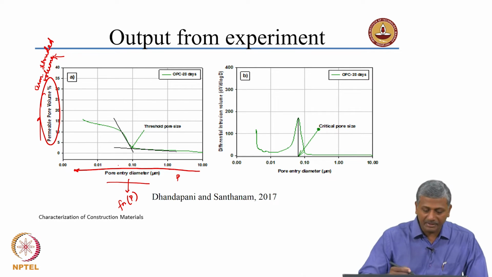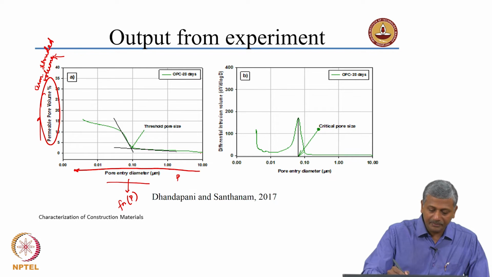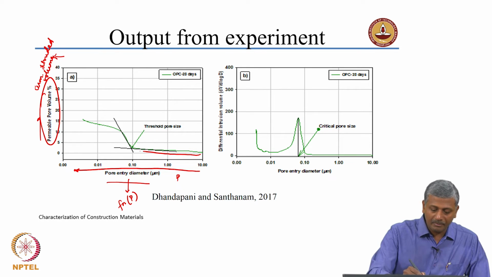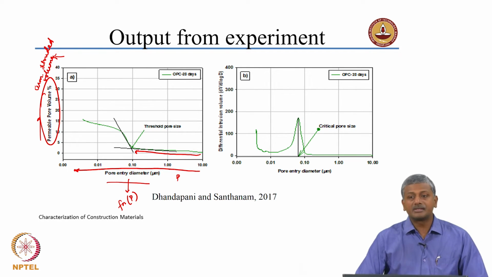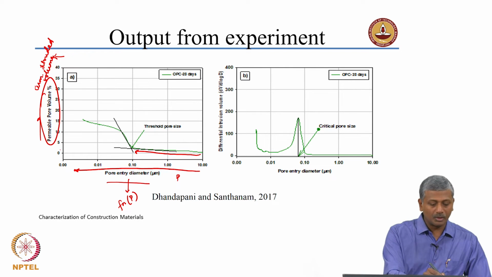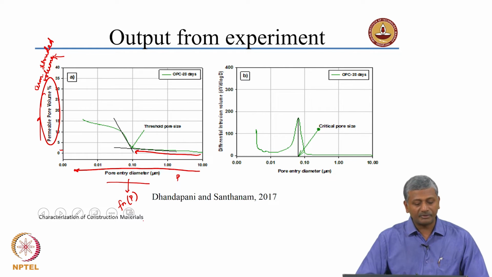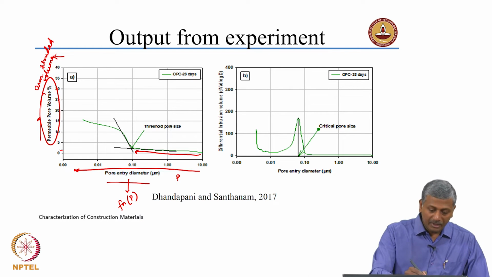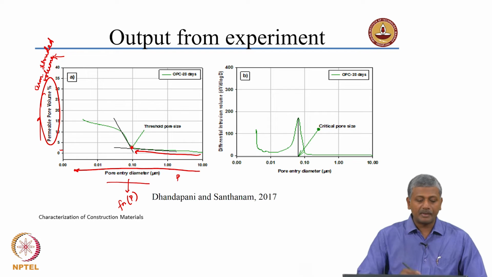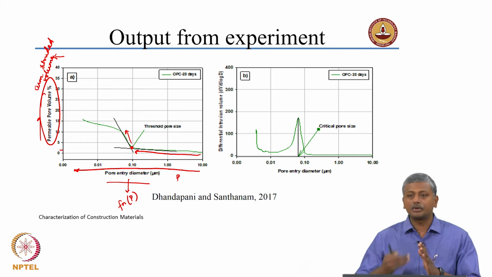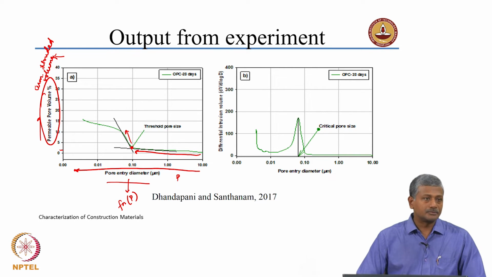So, now what is happening in this is that your system is very marginally filling up some of the larger pores, which account only about close to 2 to 3% of your overall pore volume. Okay. But at a particular point, what suddenly happens is that you have a sudden rise in your mercury intrusion. Okay.